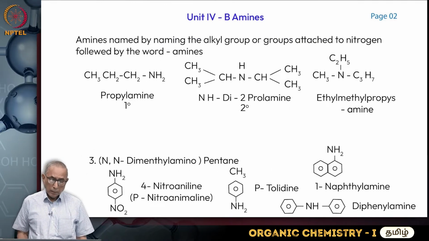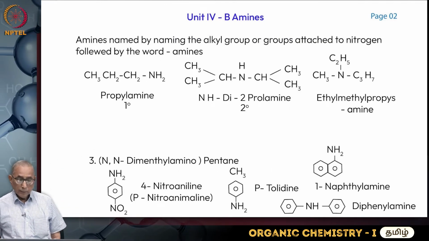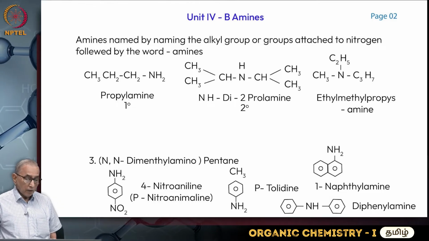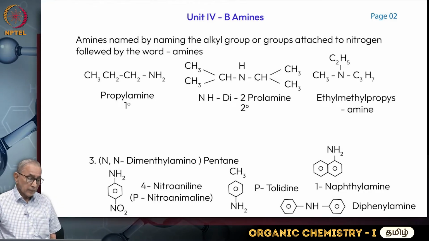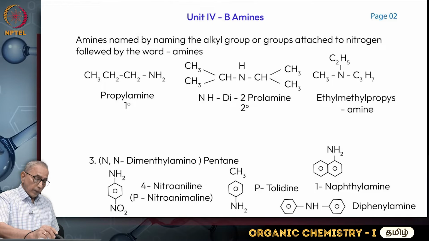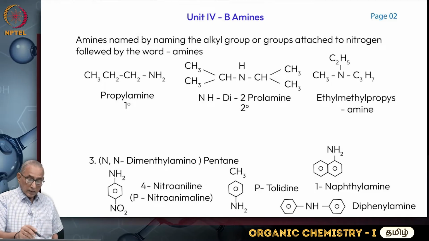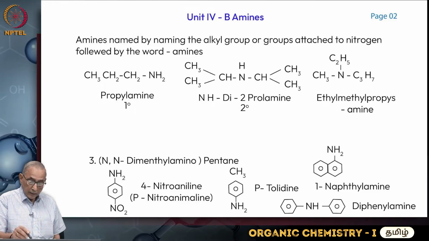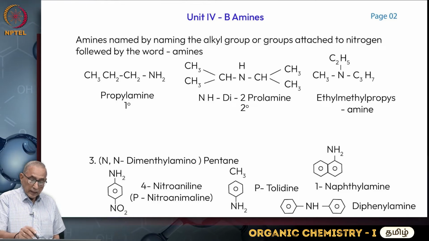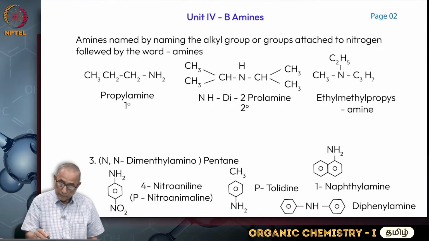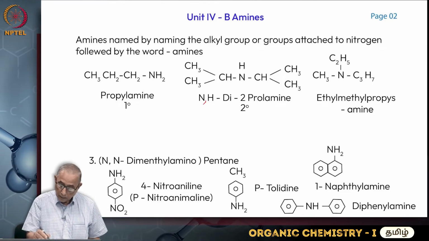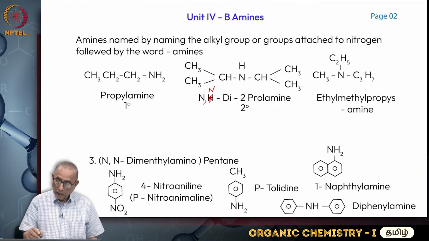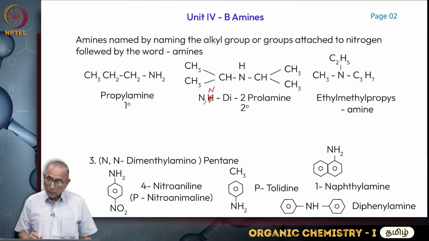Now amines are named by naming the alkyl group or groups attached to the nitrogen, followed by the word amine. This is called propylamine, this is dipropylamine. Here, there are two isopropyl groups.